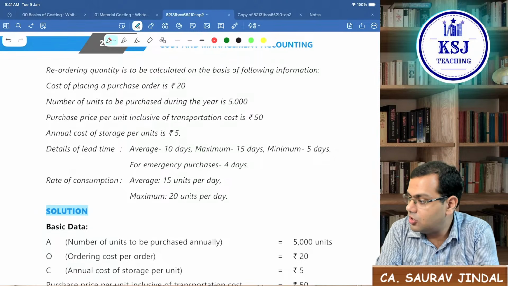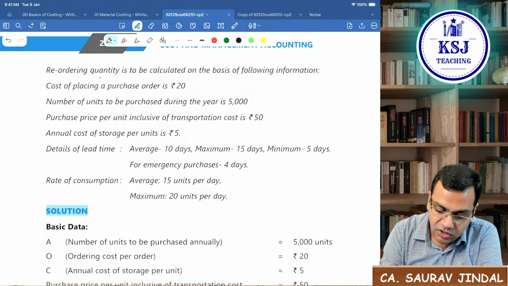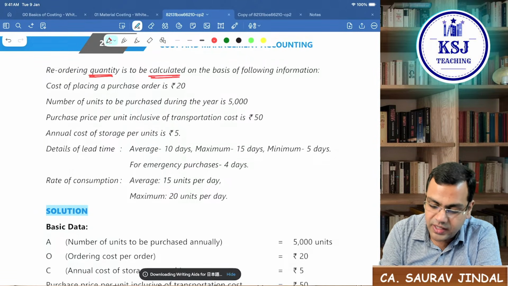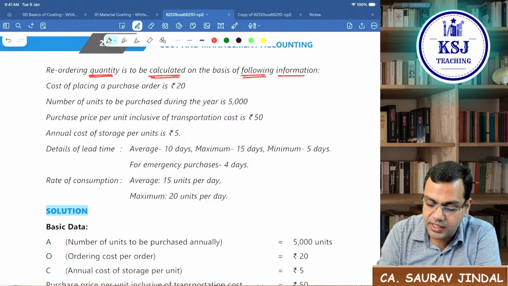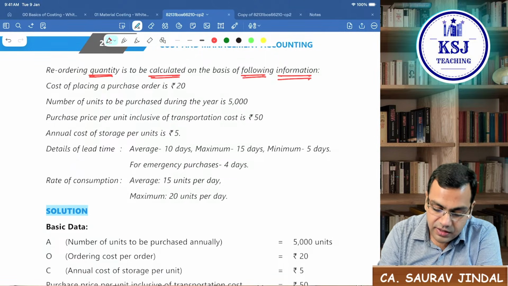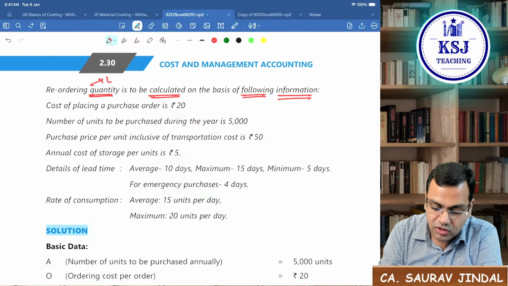They say the reordering quantity is to be calculated on the basis of the following information. Reorder quantity means they are talking about EOQ.